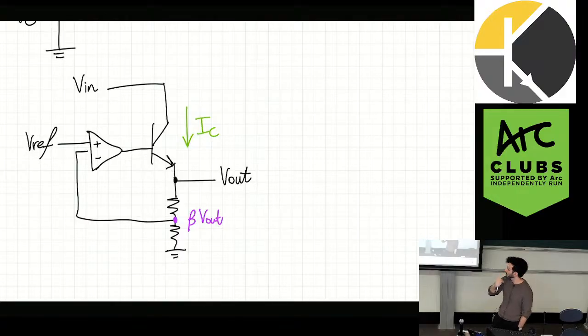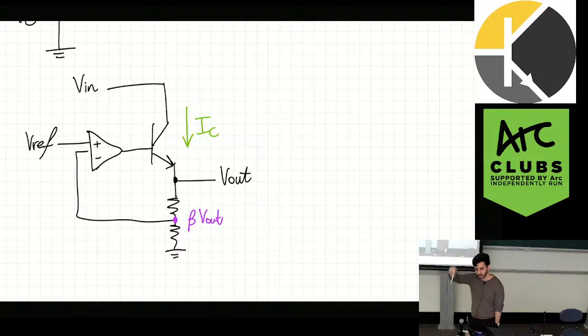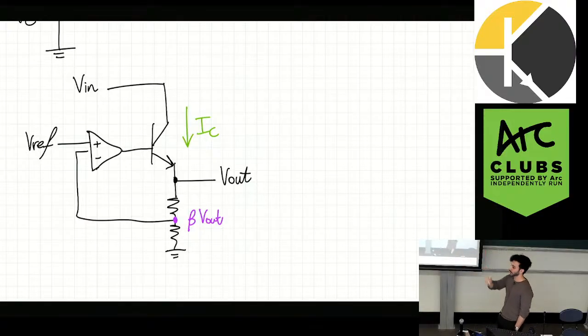Grows, right? So if there's a problem with Vout, let's say the load is demanding a lot of current, what will happen is that the op amp will output lots of current into the BJT, which forces it to bring more current because the load is demanding more current. And so to keep Vout constant, we have to provide that current to the load.